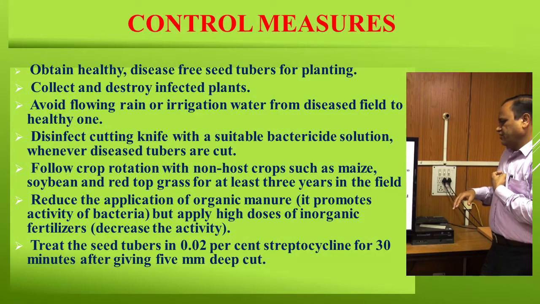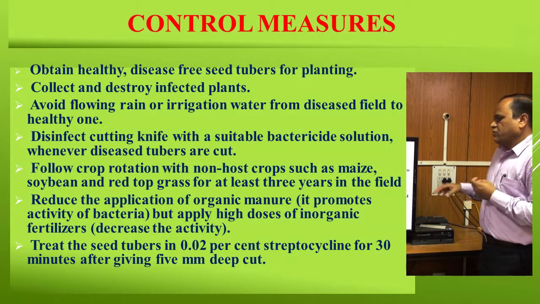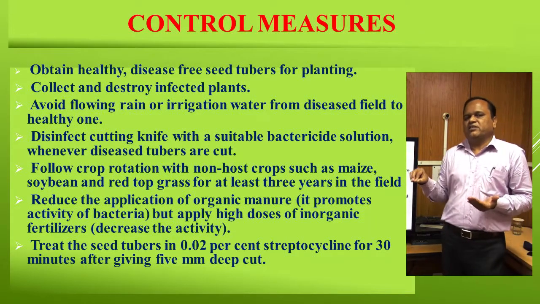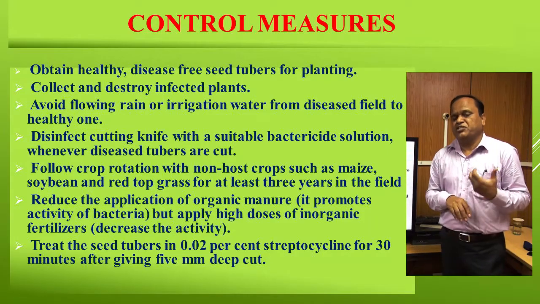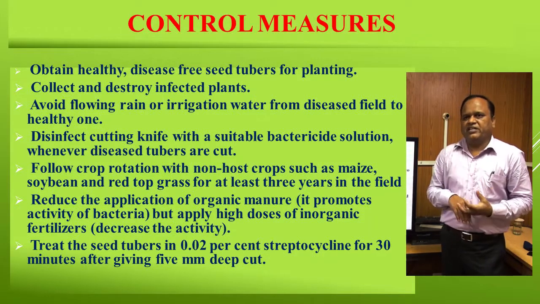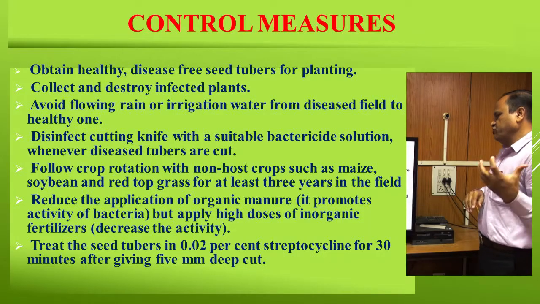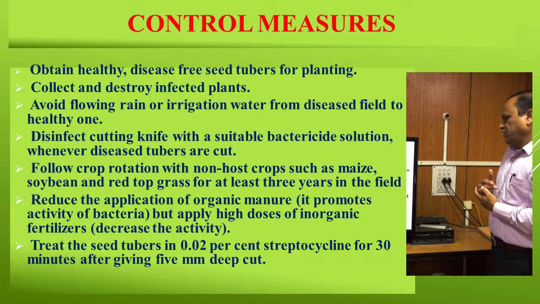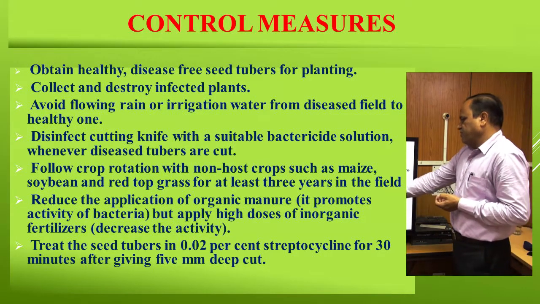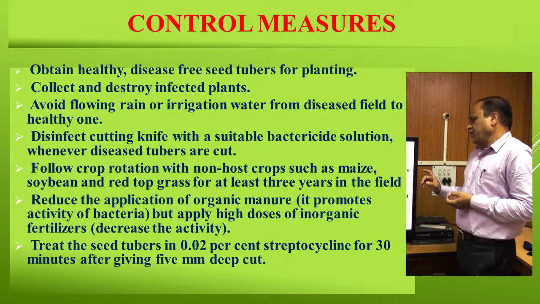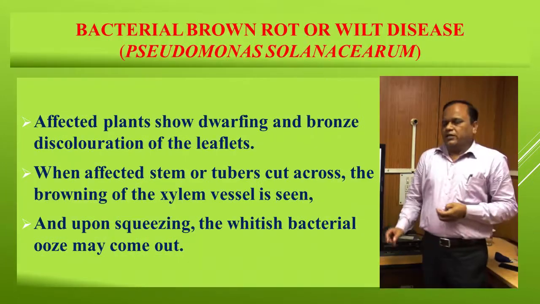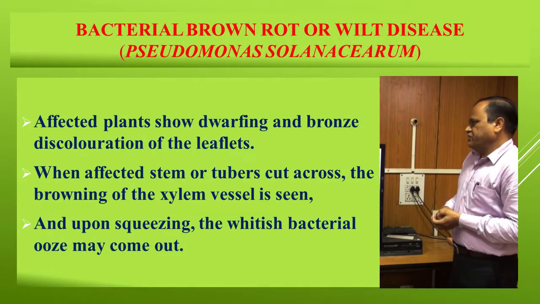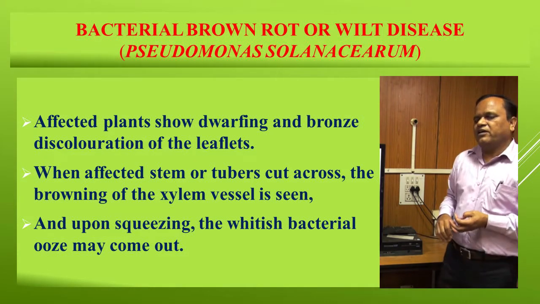Treat the seed tuber. Before sowing, you have to treat the seed with 0.2% solution of streptomycin, that is a type of antibiotic which is very useful to suppress the bacteria, for 30 minutes after giving a 5 millimeter deep cut.